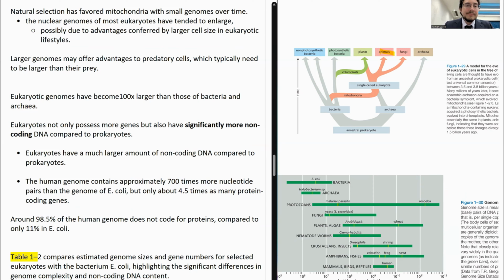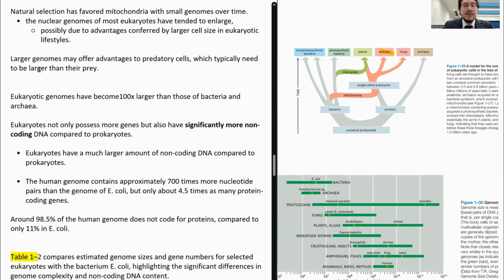Nuclear genomes of most eukaryotic cells have tended to be enlarged, and reasons for that could be larger cell size in eukaryotic lifestyles.